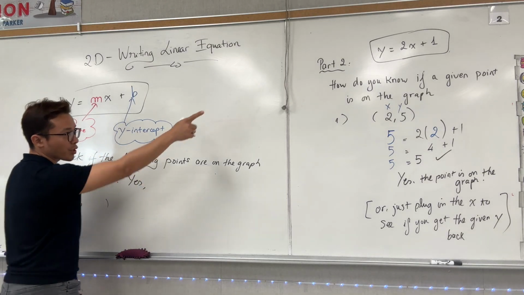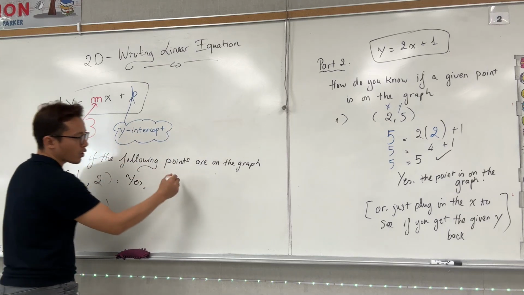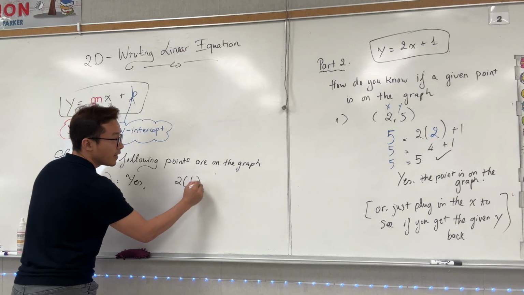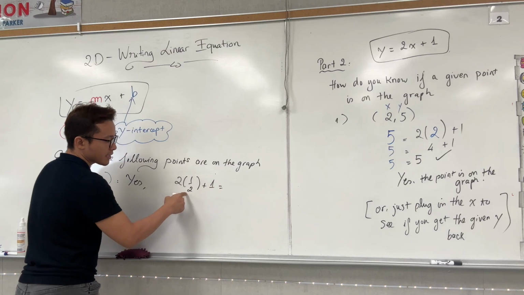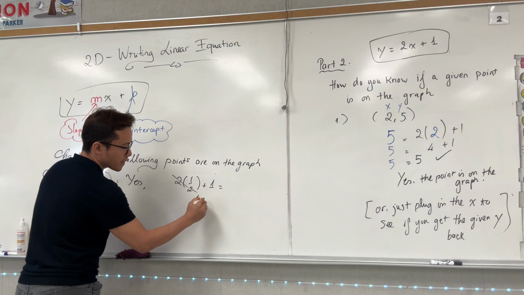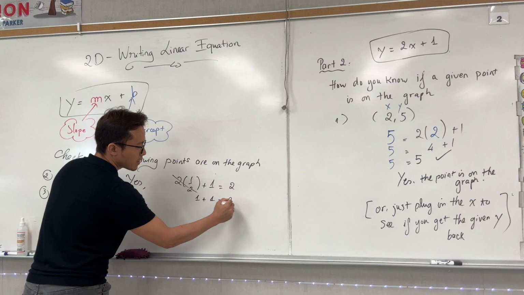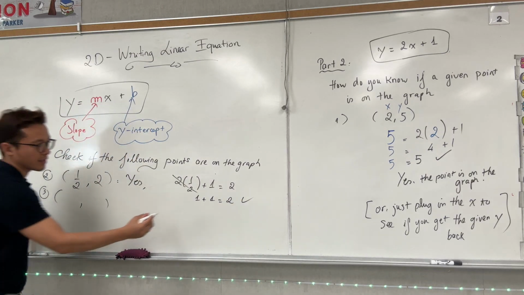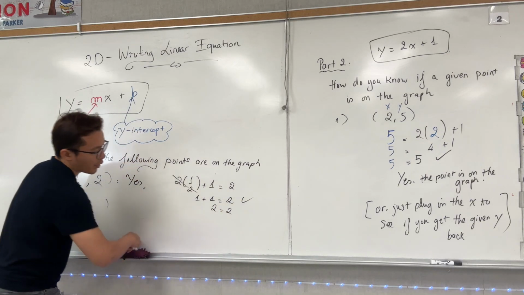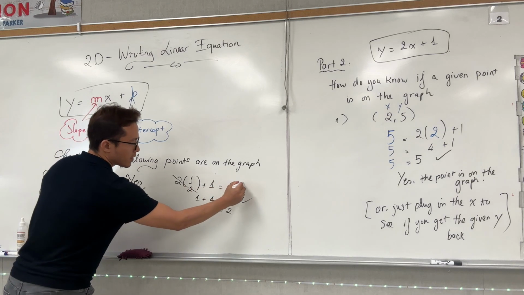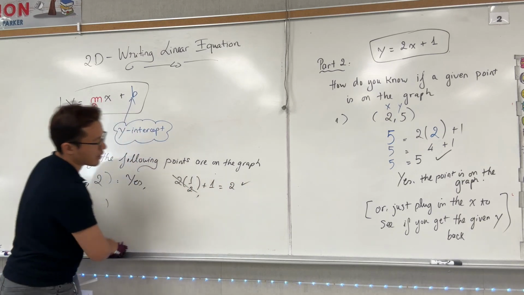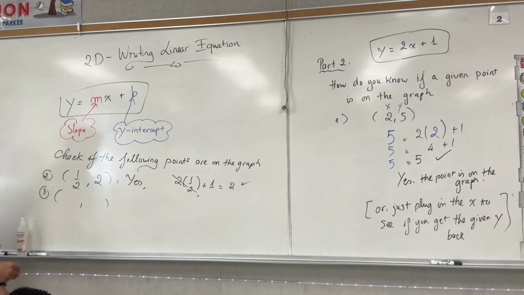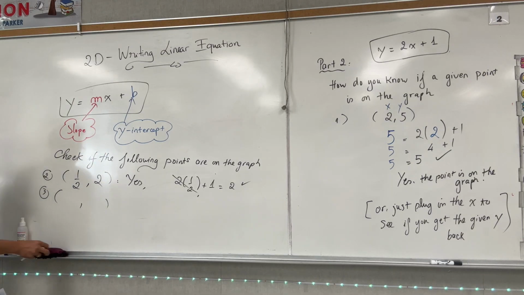So yes, because when you plug in the x, you're going to have 2 times 1/2 plus 1. That is 1 plus 1, and that is 2. So that's a true statement: 2 equals 2. Or you can just write this equal to 2, maybe just one line. Make sense? Easy step.